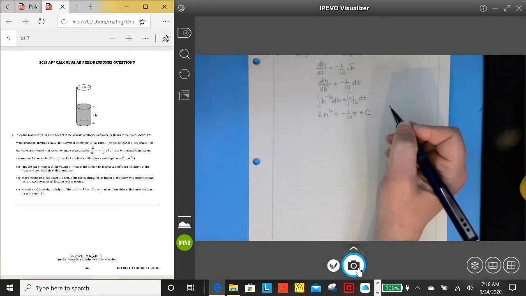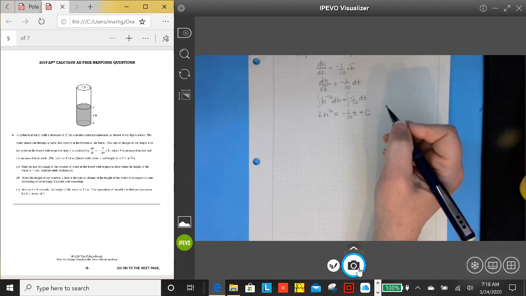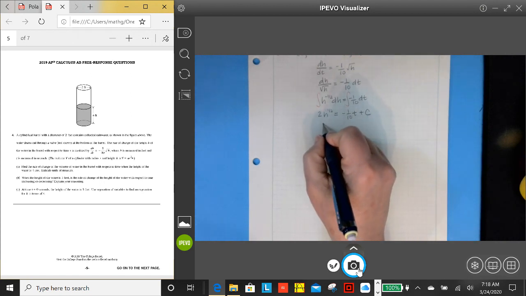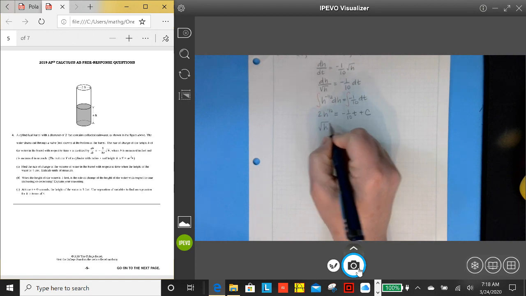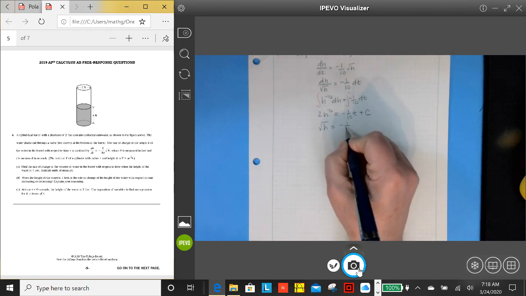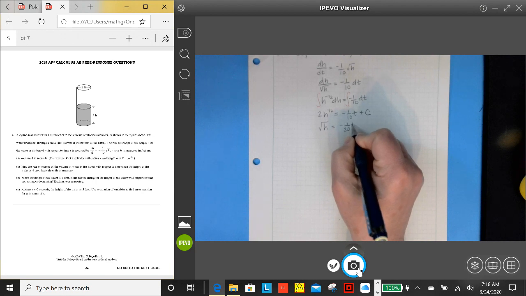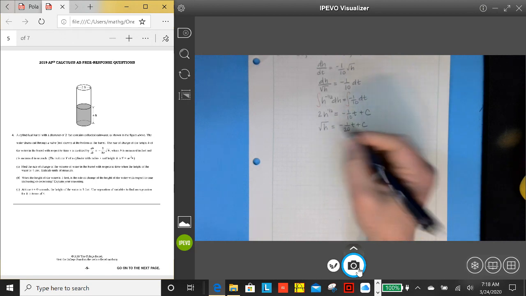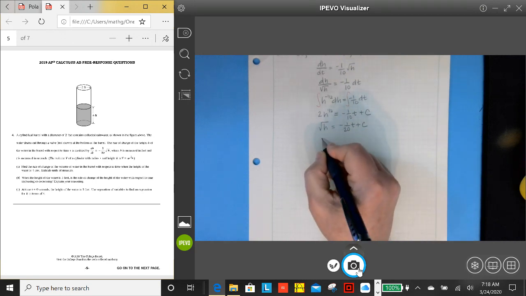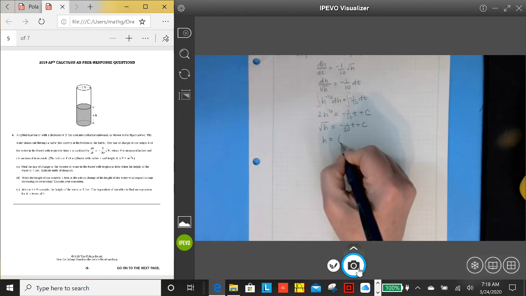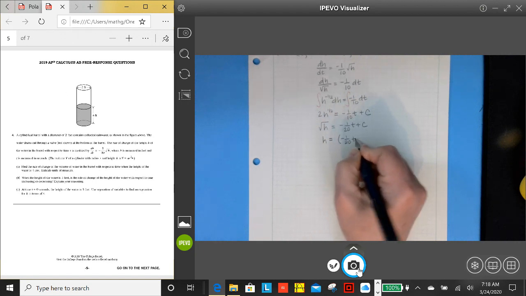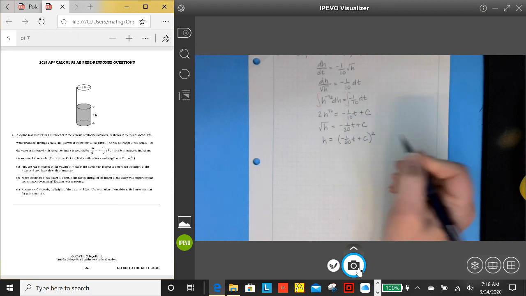All right, now I'm going to divide everything by 2. So this will be h to the 1/2, or the square root of h, equals negative 1/20 times t plus c. And then to get the h all by itself, I'm going to square both sides, and I get h equals negative 1/20 t plus c, quantity squared.